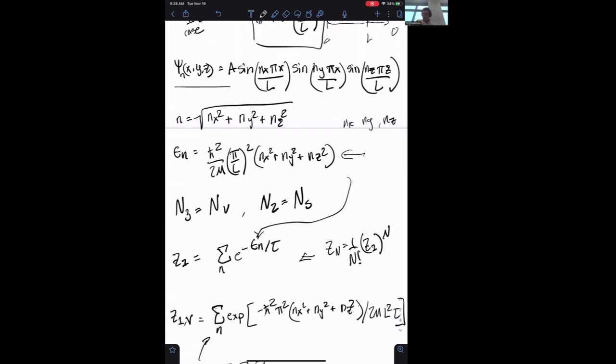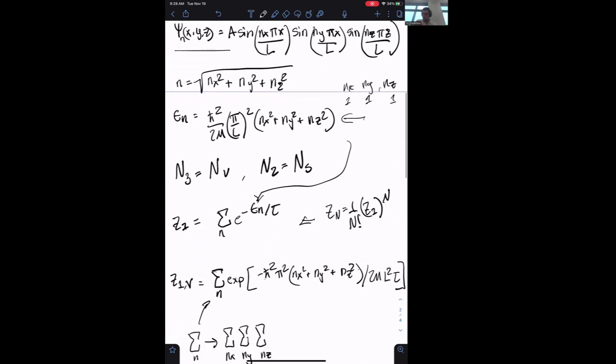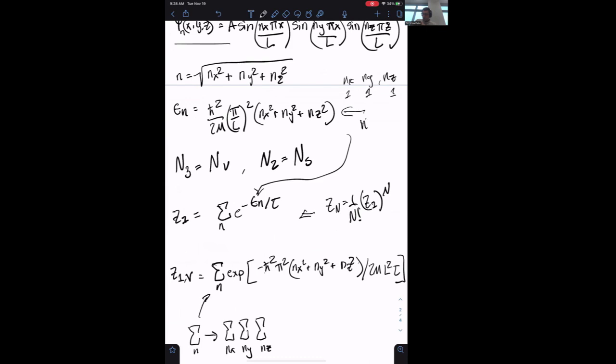So one of the energy levels could be nx equal to 1, ny equal to 1, and nz equal to 1. Then you plug that in here, and you would just get h bar squared divided by 2m pi squared over L, and then all this would just give you 1.